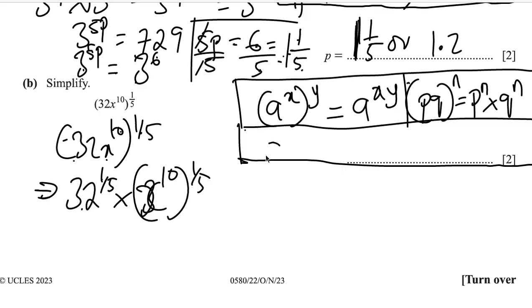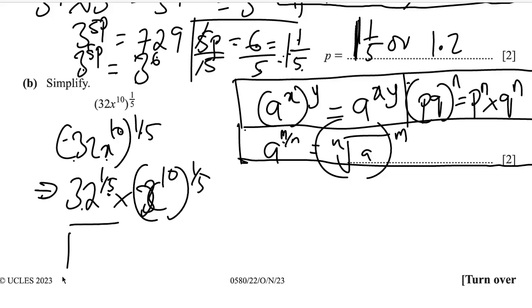That says that a to the m over n is equal to the nth root of a raised to m. So what's the nth root? So in this case, what's our n? 5. So we're going to get the 5th root of 32. And what is m? 1. It's 1 over 5, right? And then raise it to 1. And that's not going to do much, right? So multiplied by x to the 10 to the 1/5.